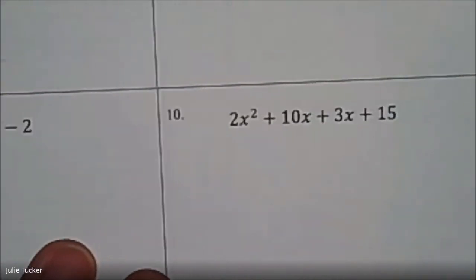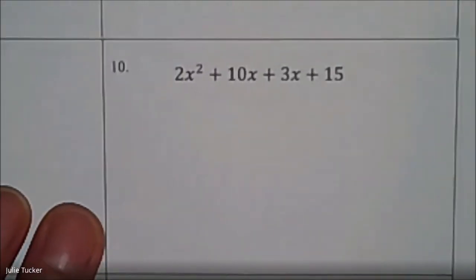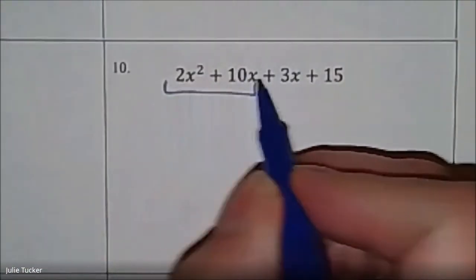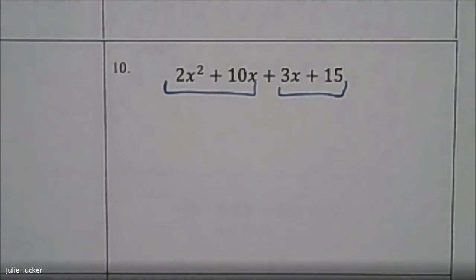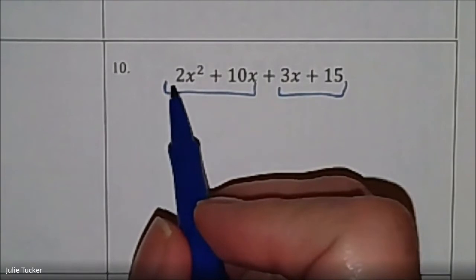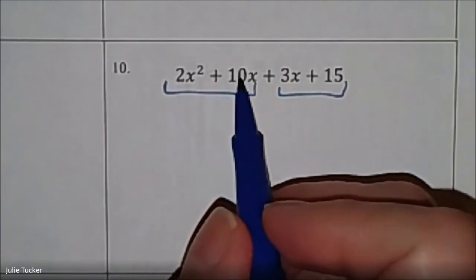Let's do this one. What number divides into both 2 and 10? You're telling me what 2 divided into 10 is, but I'm asking what is a number that divides into 2 and it also divides into 10? 2. 5 does not divide into 2. 2 divides into 2, and 2 divides into 10.